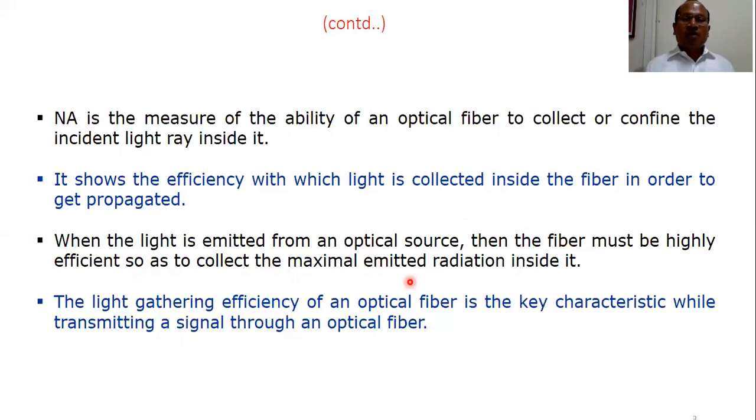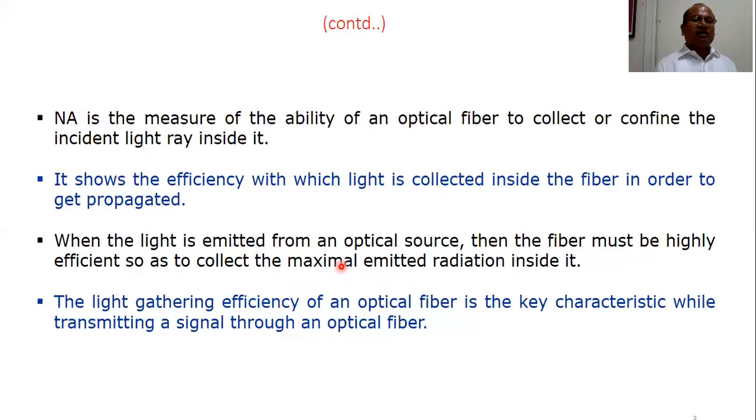The fiber optic material, the fiber which is capturing the light coming from the optical source, must be efficient so that a maximal amount of light gets inside it. We are using the term maximal because maximum may not be the appropriate term.